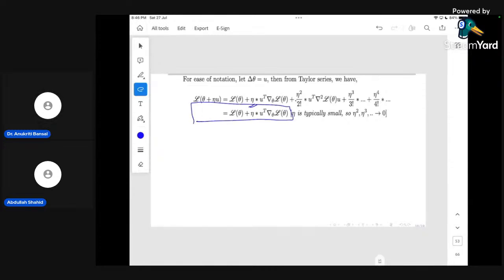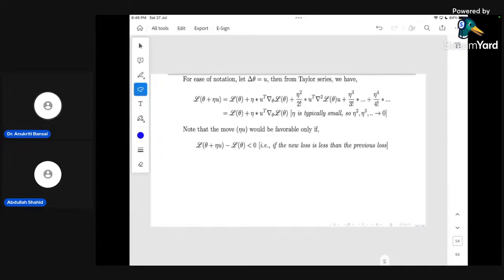Now let's understand it again. I can call this my old loss, and after doing a small change in my original parameters, I will get this new loss.